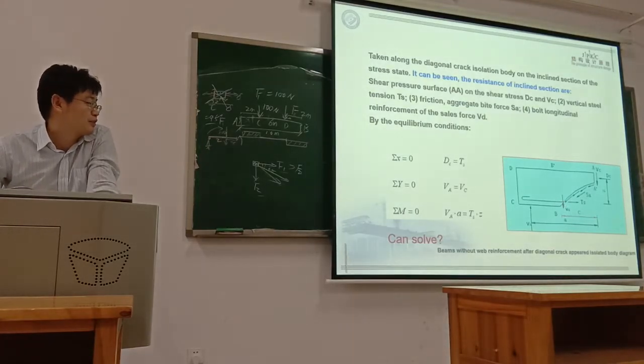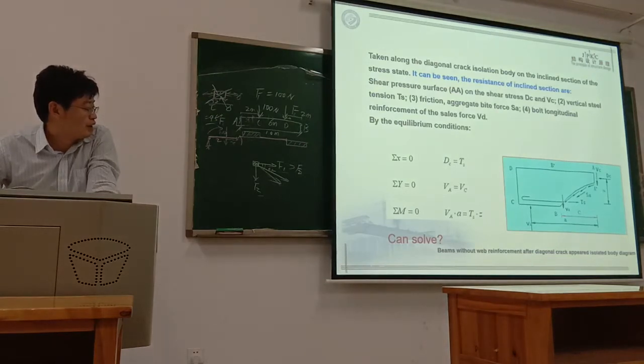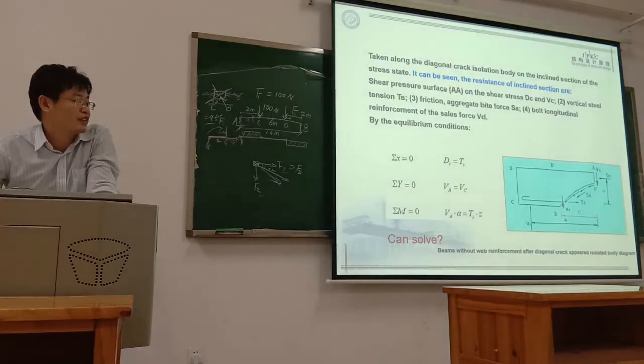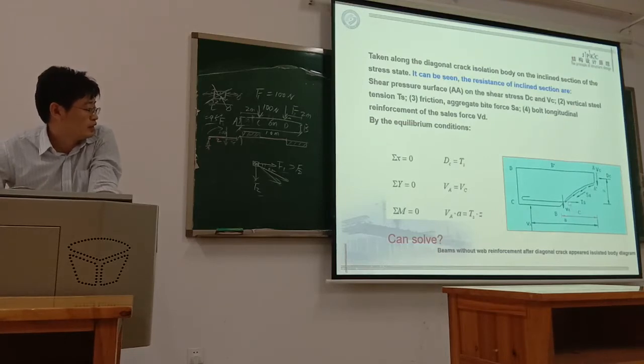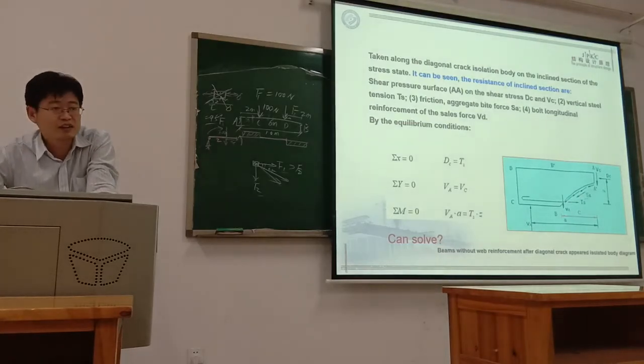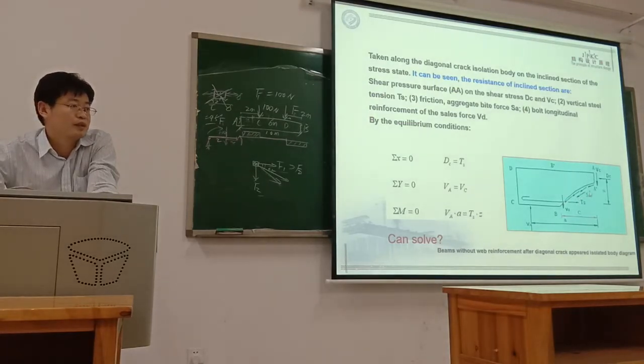For simplicity, normally we just neglect this force and neglect this force. So for the balance in x direction and balance in y direction: in the x direction is the TS and the compression force, and in the y direction V and VC, and the moment. So neglect this VD and the other force. Make it simple.